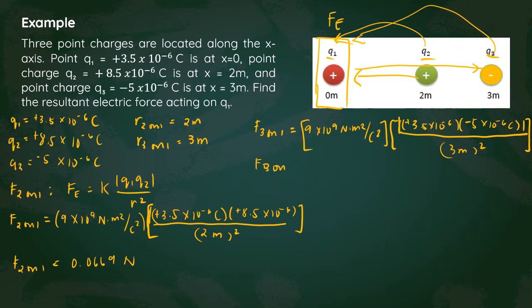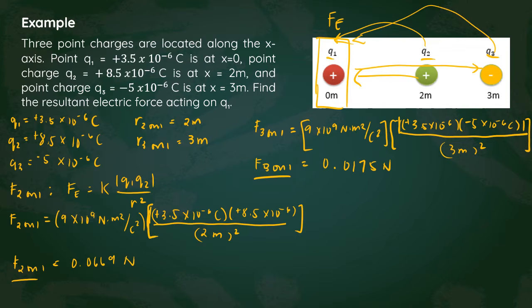So the force of particle 3 on particle 1 is 0.0175 newtons. So these are our two forces acting on particle 1.